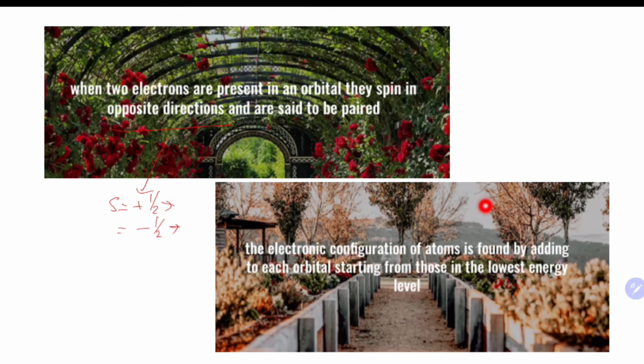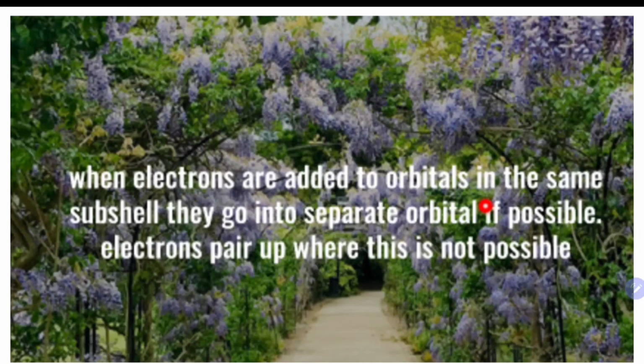The electronic configuration of atoms is found by adding electrons to each orbital, starting from those in the lowest energy level. When electrons are added to orbitals in the same subshell, they go into separate orbitals if possible. Electrons pair up when this is not possible.